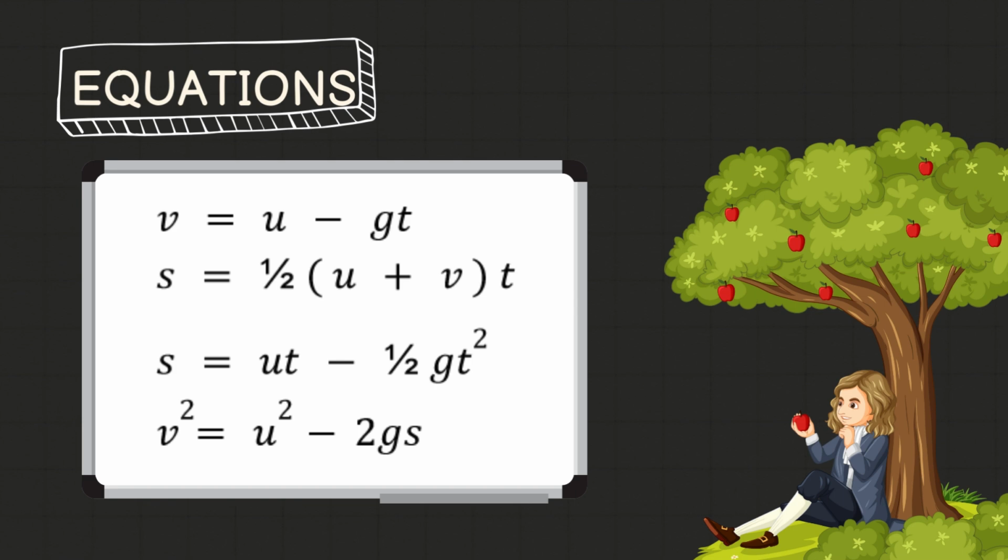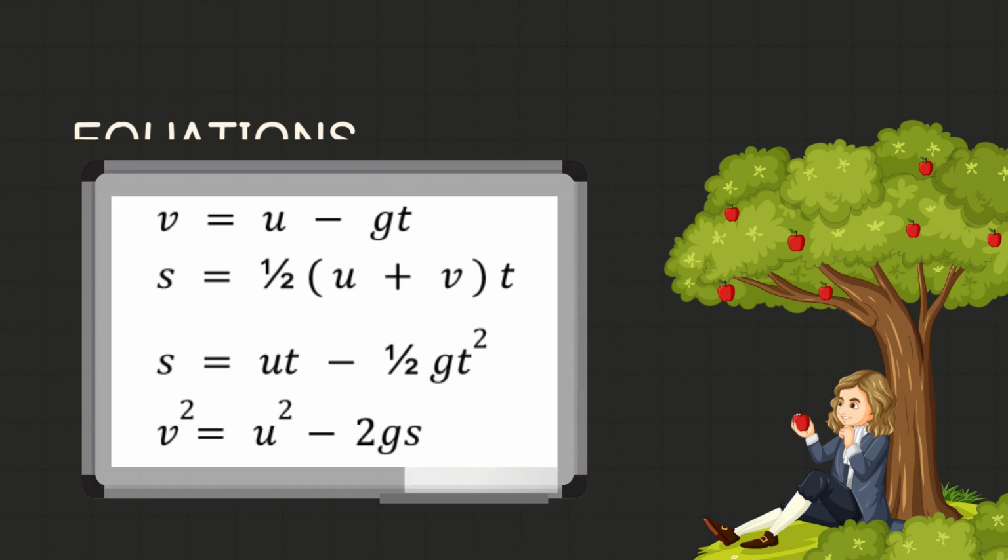And lastly, v² = u² - 2gs, where v is the final velocity, u is the initial velocity, g is acceleration due to gravity, t is time, and s is displacement.